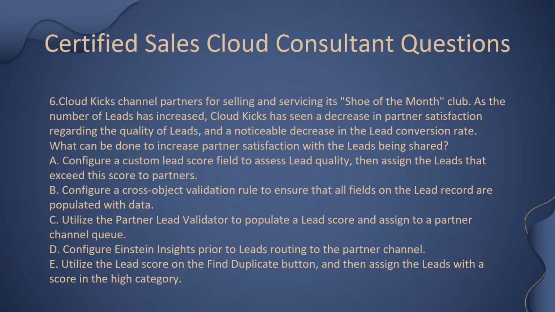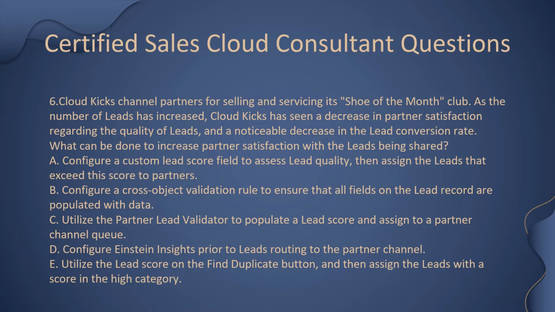A. Configure a custom lead score field to assess lead quality, then assign the leads that exceed this score to partners. B. Configure a cross-object validation rule to ensure that all fields on the lead record are populated with data.